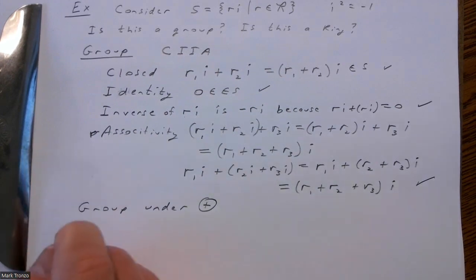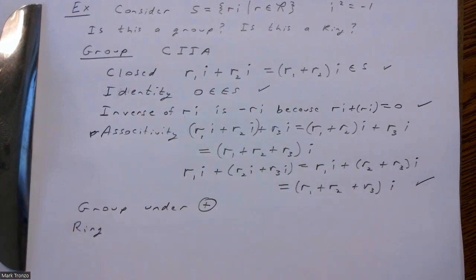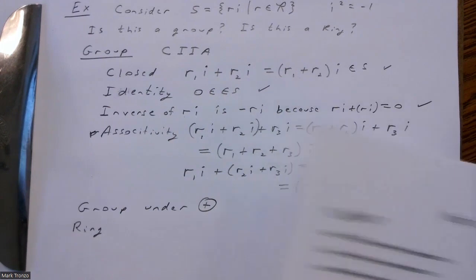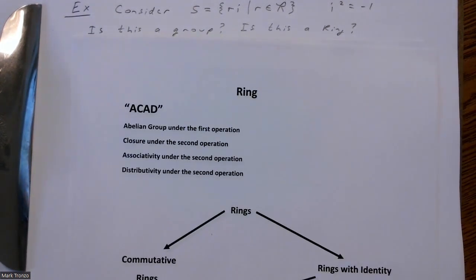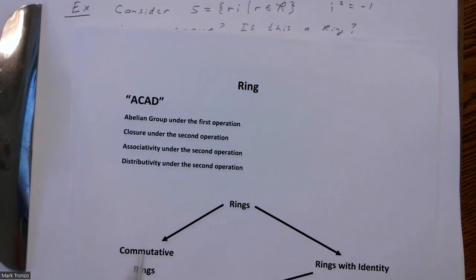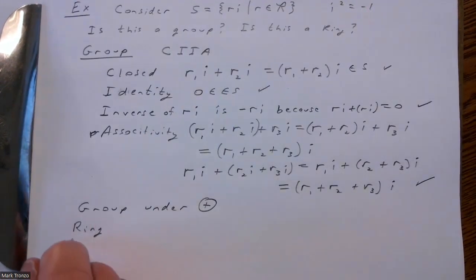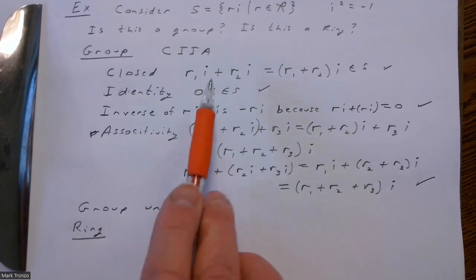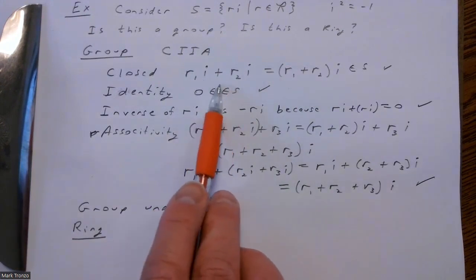And then the second question is a ring. And as of course, on the handout, I sort of called this ACAD. So it has to be an abelian group. And actually, an abelian group, remember, just means that you can commute the values.